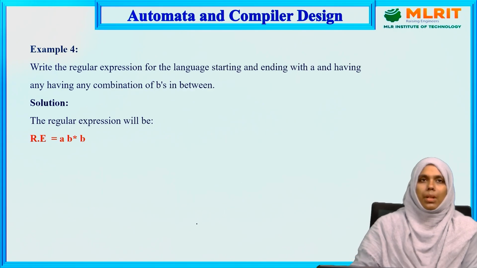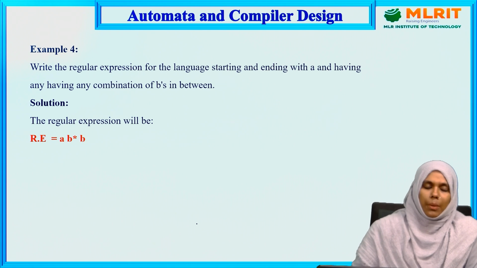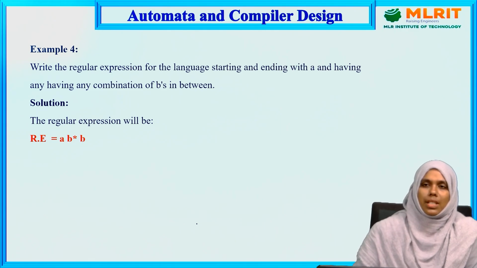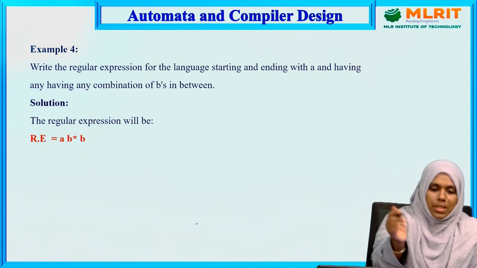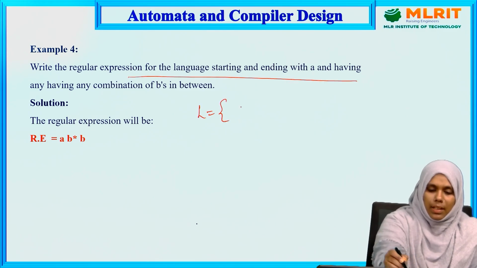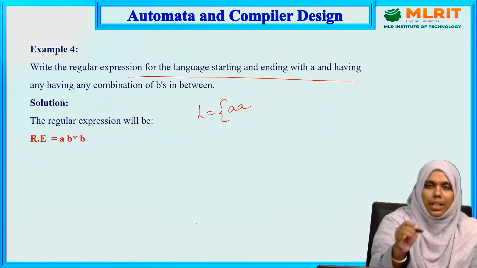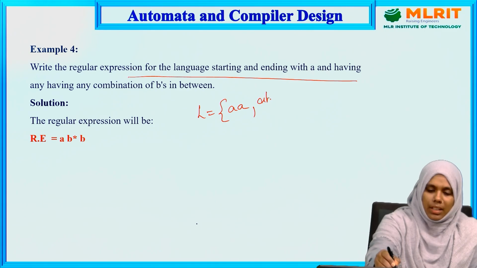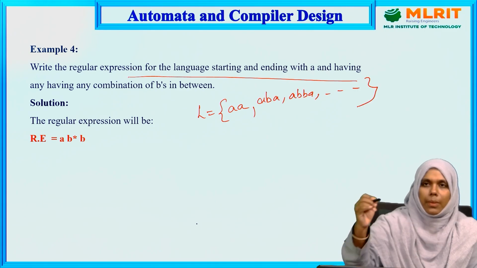Now in the same way, the fourth one: write the regular expression for the language starting and ending with a and having any number of any combination of b in between. First we need to understand that the language should start with a and end with a, and in the middle it can have any number of b's.